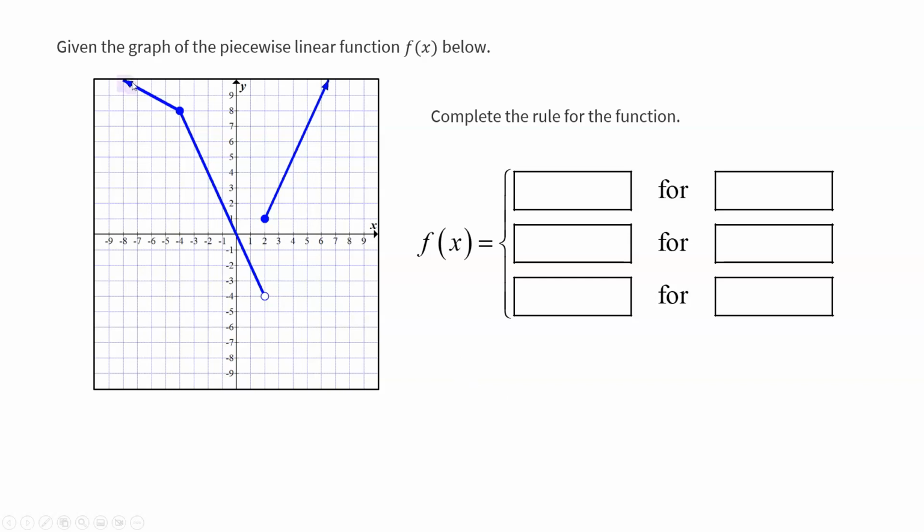So looking at this first portion that goes up until negative 4. Now for the sake of this, x is going to be considered to be less than negative 4. Even though you see a closed dot here, I'm just going to assume it's less than negative 4 for this situation. As I said, there are going to be variations that I'm going to go over later where this might be different.